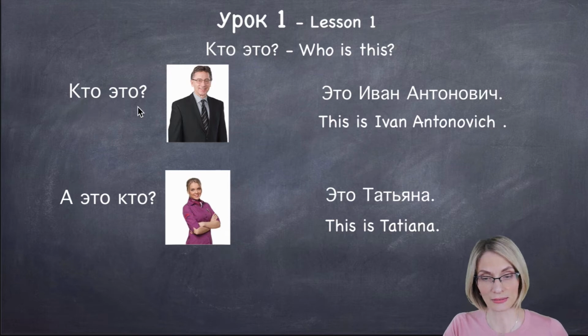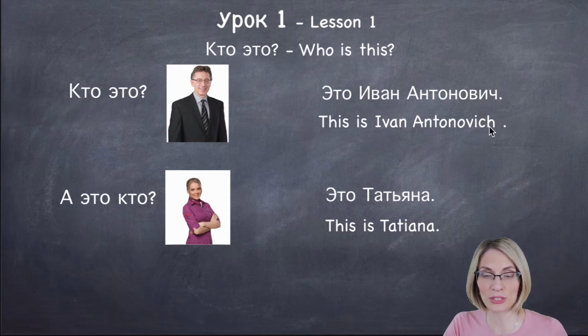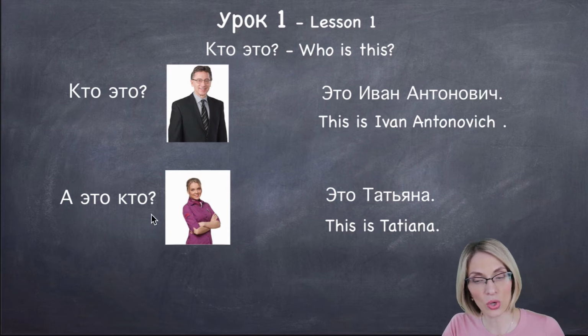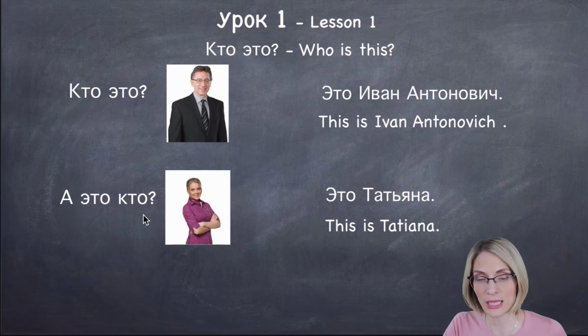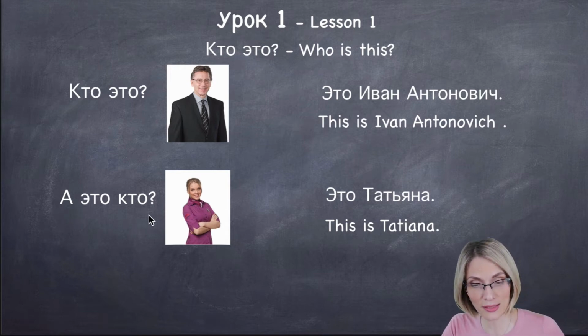Кто это? This question will be asked for a name, for example. Это Иван Антонович. А это кто? And notice how I now asked this question. This "а" means and who is this?